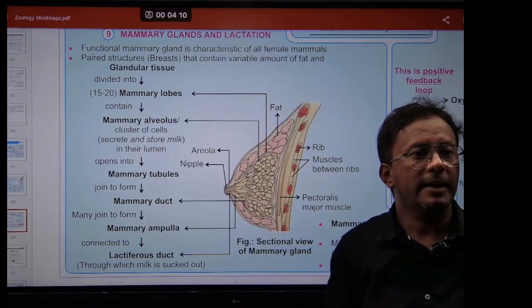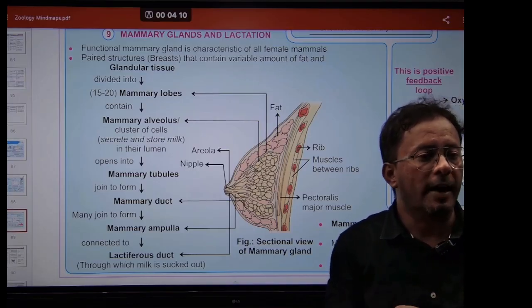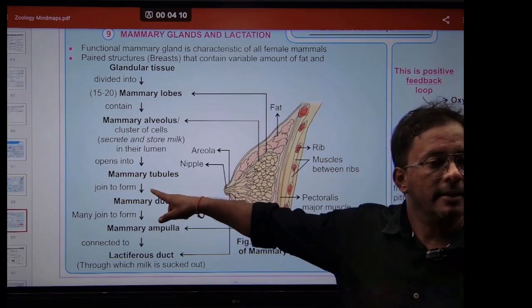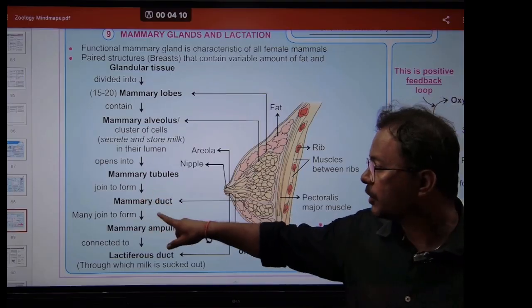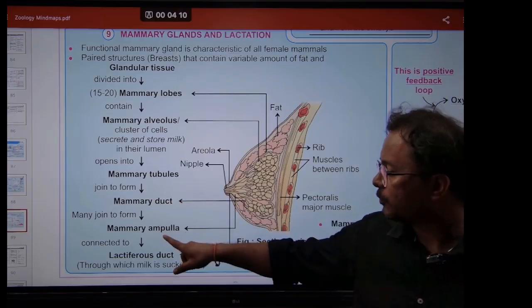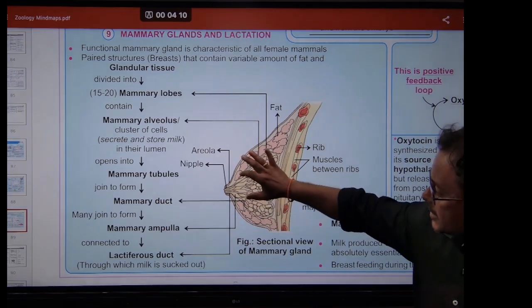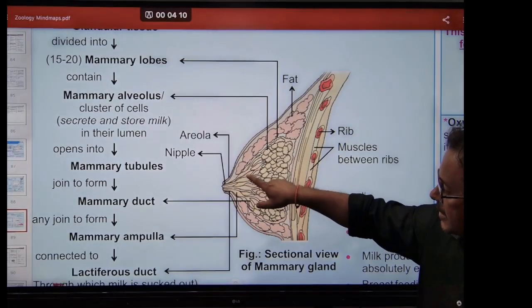And from the alveoli, the milk is ejected out through small ducts called mammary tubules, which will converge to form the mammary ducts, and many of these mammary ducts join to form the, can you see near the nipple, you can see these enlarged areas?